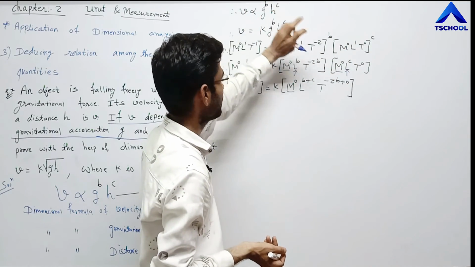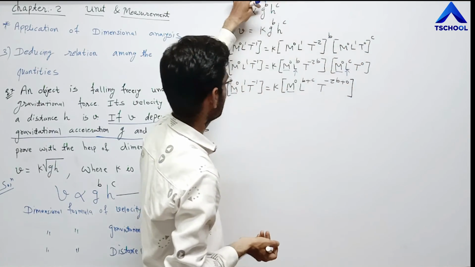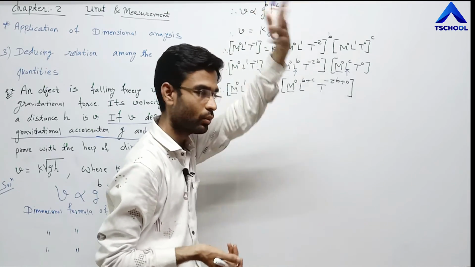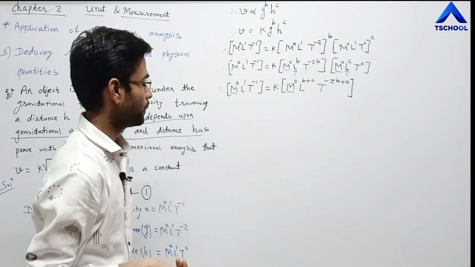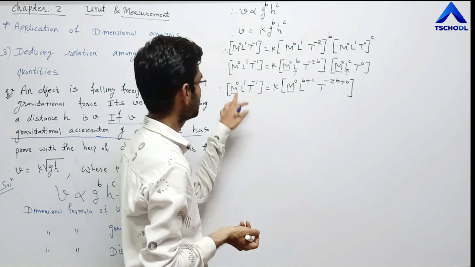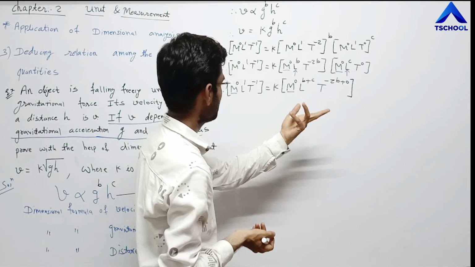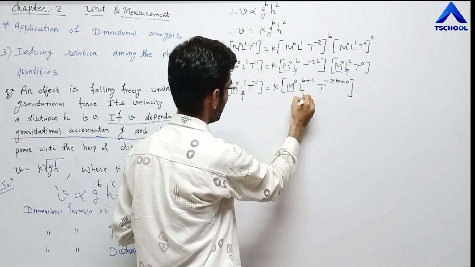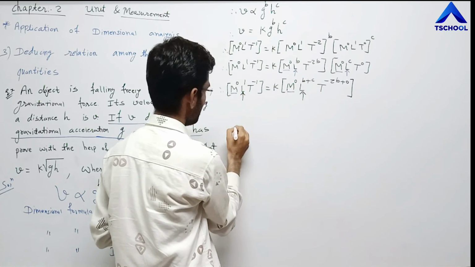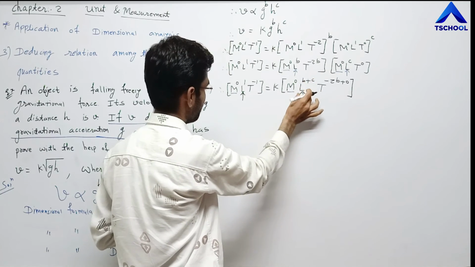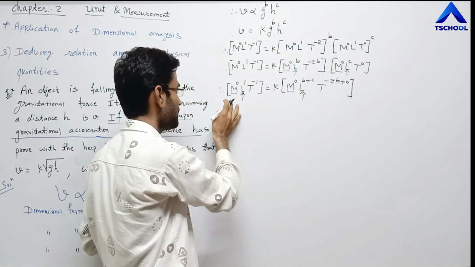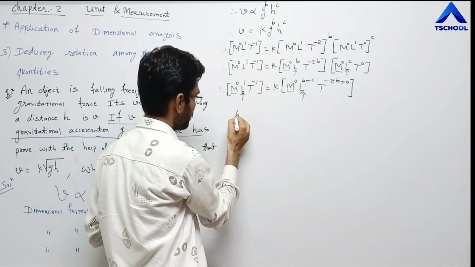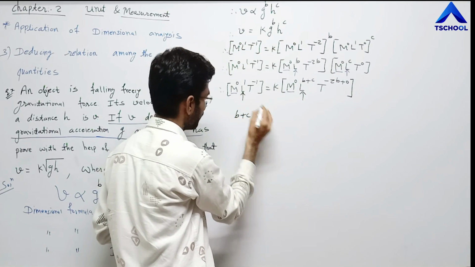Now M power 0 and M power 0 match, and L power 1 and L power b plus c. Comparing the powers of L on the left and right hand sides, b plus c is equal to 1.